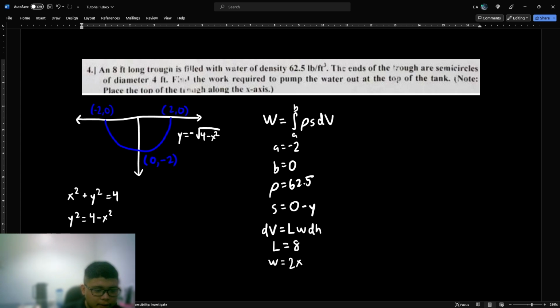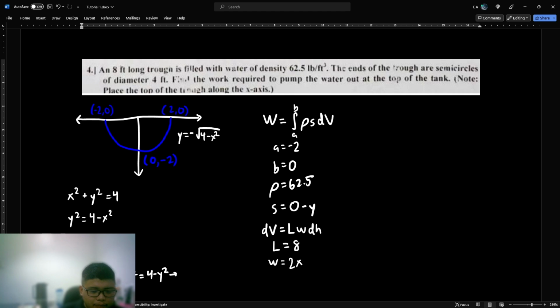We're going to get negative y is equal to square root of 4 minus x squared. So, y squared is equal to 4 minus x squared. X squared is equal to 4 minus y squared.